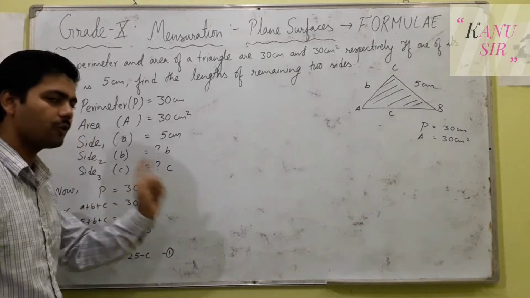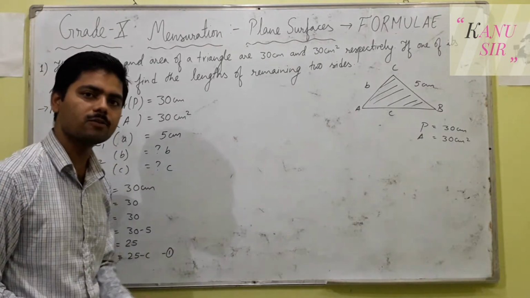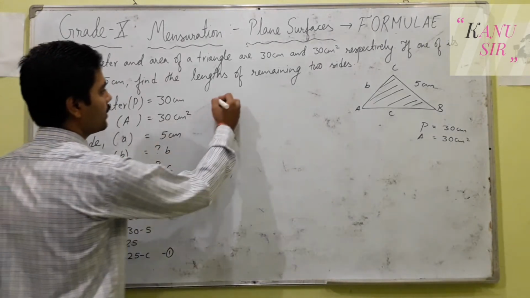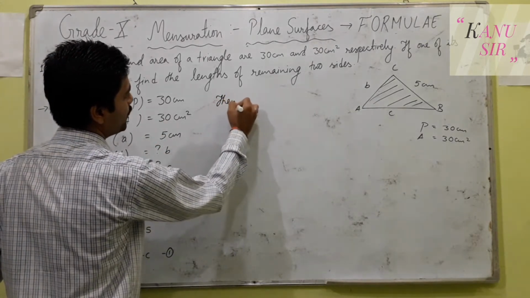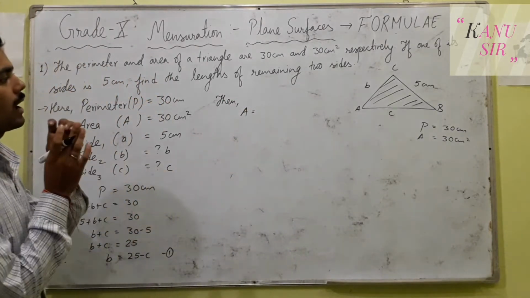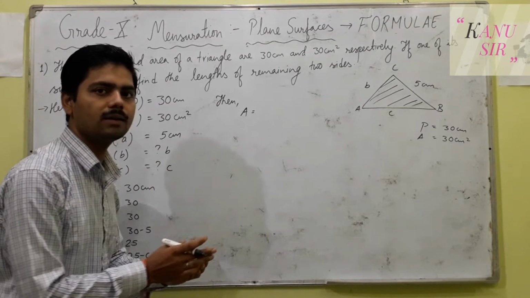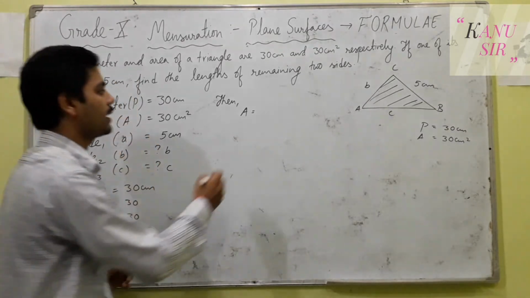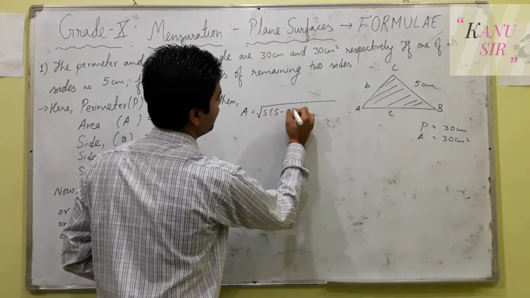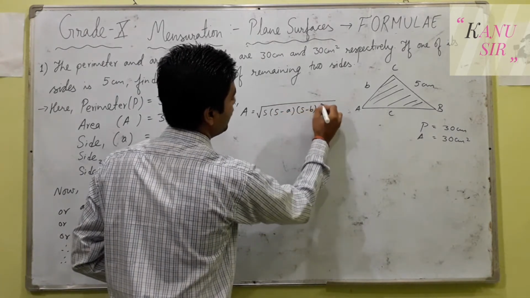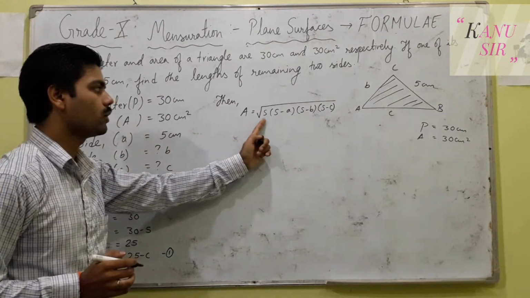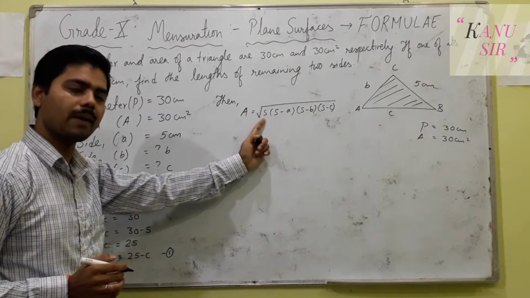Similarly, we will surely get a condition in area as well, where we need to put the value of B in the area. Then let us see, area A is equal to, because we are not sure what type of triangle it is, we have to use the main formula, that is under root S into S minus A, S minus B and S minus C. For that we must know the value of the semi perimeter.